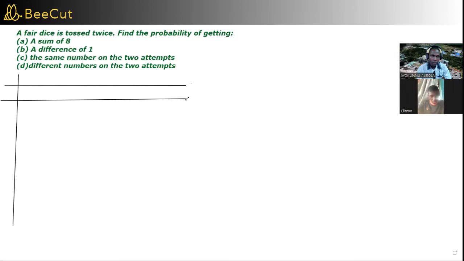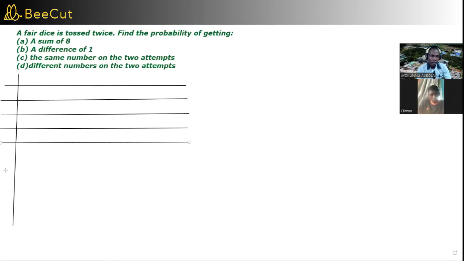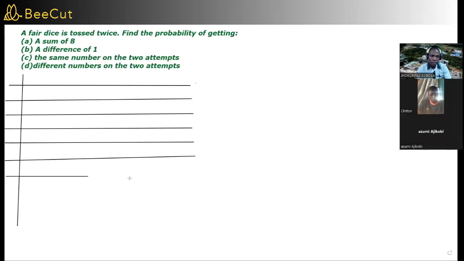This is the space for 1, this is for 2, then the third one, fourth one, fifth one, and the sixth one. Then I'm going to have the other one. Are you following? Yes, sir.